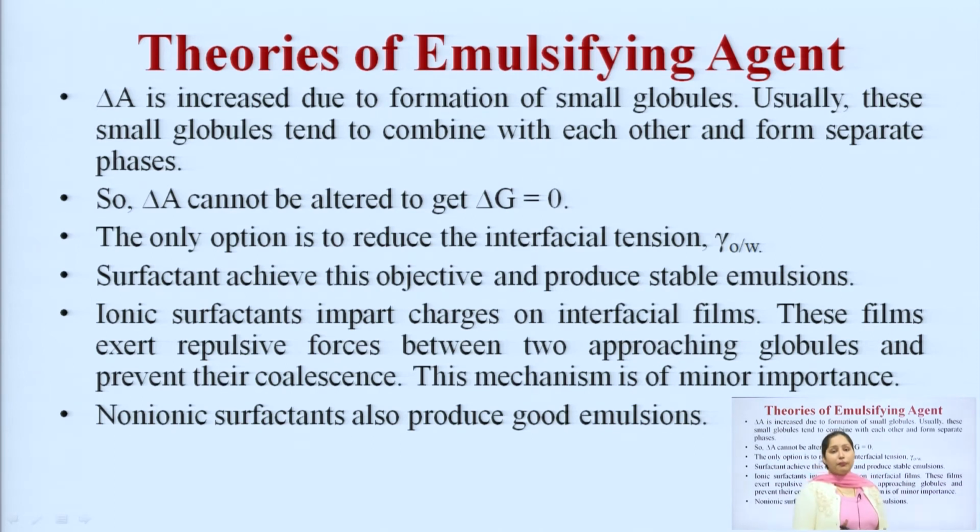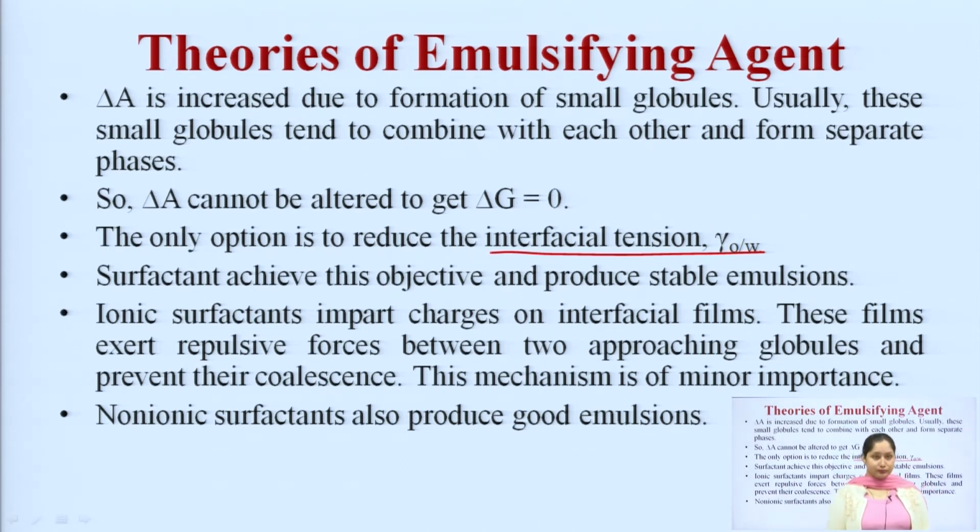But in practical sense we cannot reduce the area, because if the area is reduced, phase separation will take place. So, the only attempt is to reduce the interfacial tension, and that is the objective of the surfactant agent.